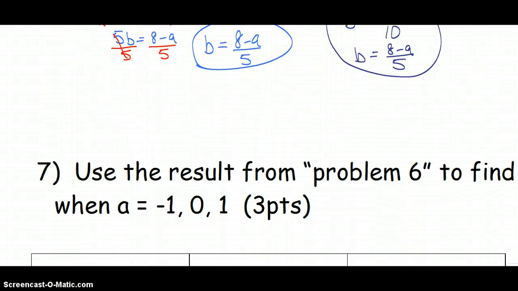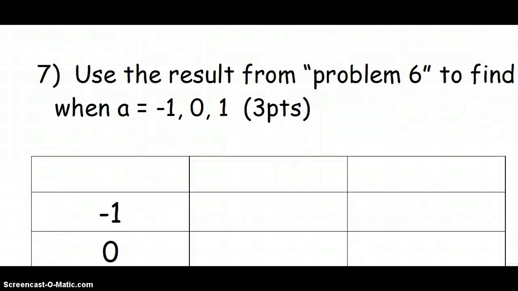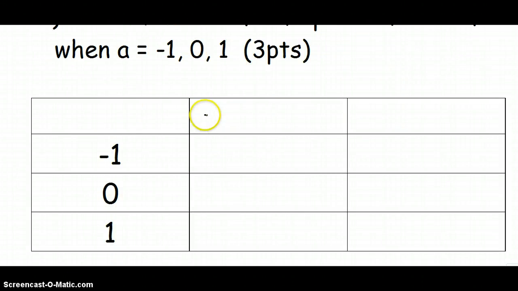Now they want us to use the result from problem 6 to find the value of b when a is -1, 0, or 1. So the first thing we're going to do is write down our answer. We had b is equal to 8 minus a divided by 5. This is my a value, my input.